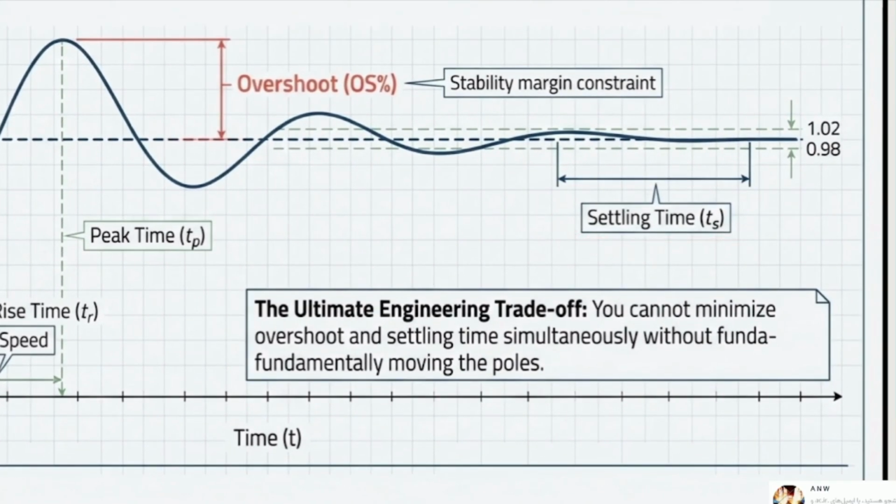The settling time means the amount of time that it takes for my system to reach a point where the difference between the actual value, imagine that this wave is the actual value, and the desired value, which is going to be this line, is between 2% to 5%.